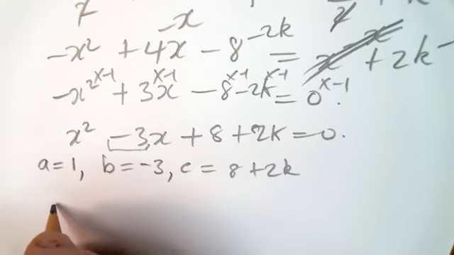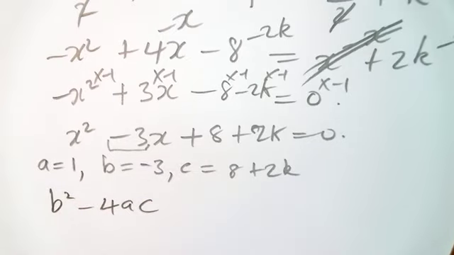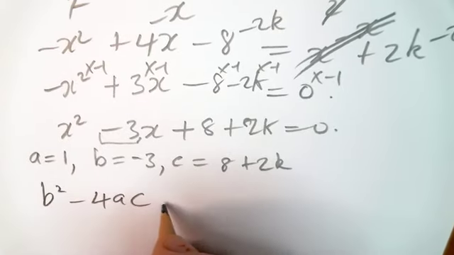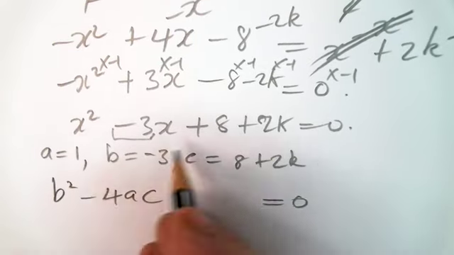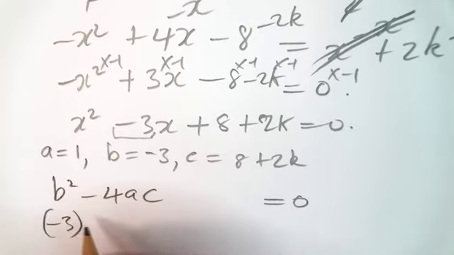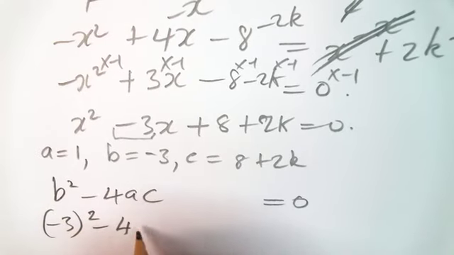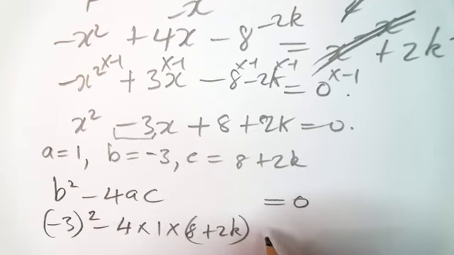So I'm going to say b squared minus 4ac. Now we know it's going to have one point of intersection, so it's going to be equal to 0. So b squared, that's going to be negative 3 squared minus 4 times a, which is 1, times c, which is 8 plus 2k, is equal to 0.